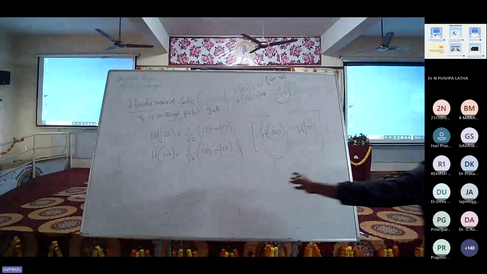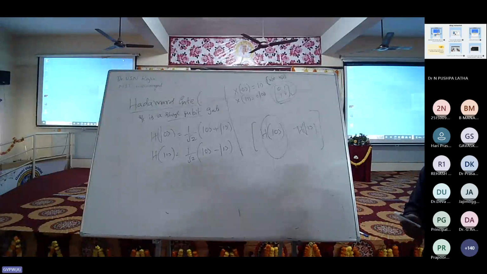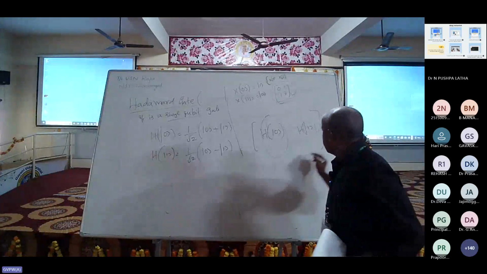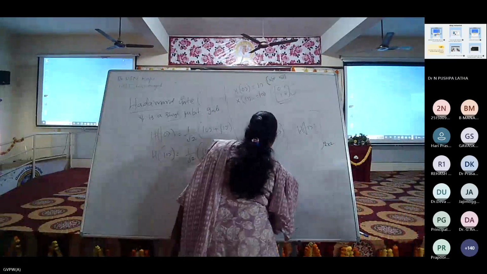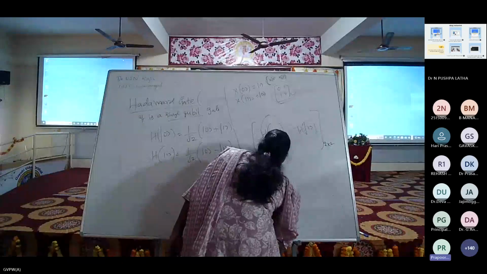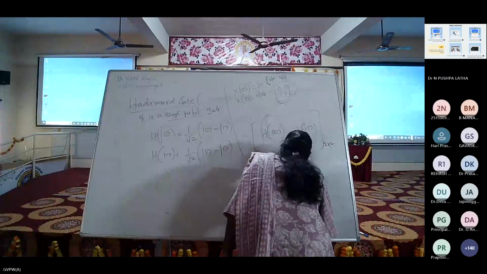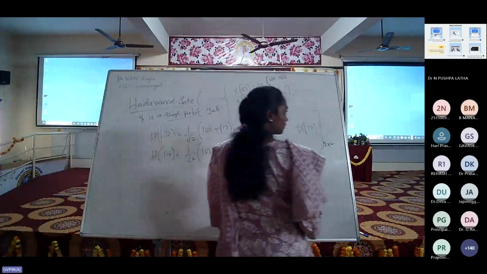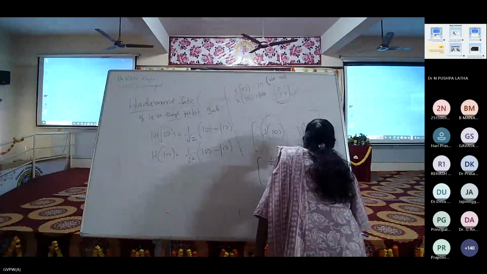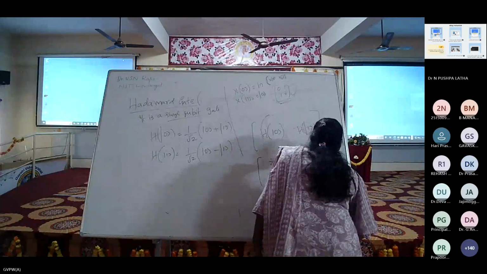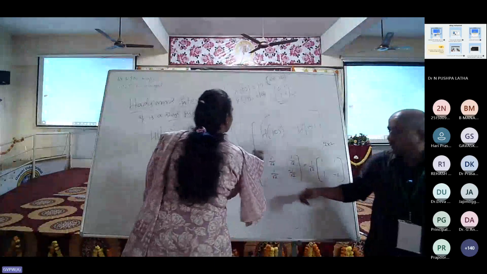Completed? Yeah, please come here. Very good. So you write here whatever you get. The result has to be one 2 by 2 matrix. Okay, very good. Can you take 1 by root 2 as common and write? Yeah. So, can you explain how you got this to your audience?